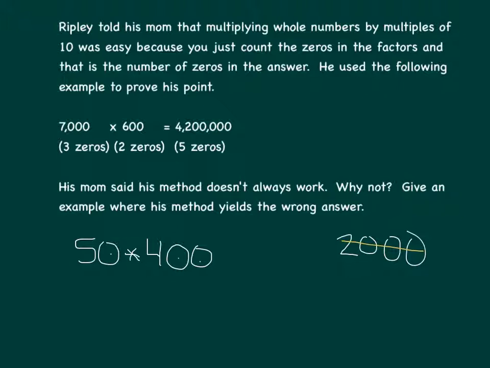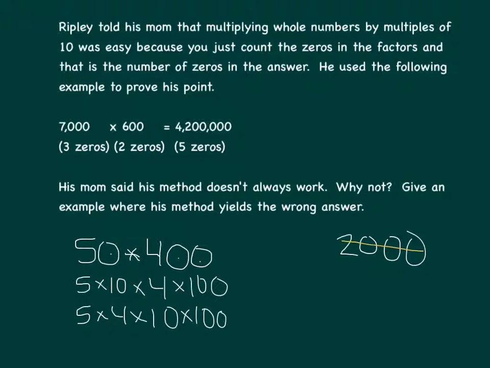The reason why is because if Ripley had been in our lecture, he would have known that he could redo this as 5 times 10 times 4 times 100, and use the commutative property to regroup and get 5 times 4 times 10 times 100, and 5 times 4 is 20, and I can make it 10 times larger by moving things to the left, and then 100 times larger by going 2 more times, and you get an actual answer of 20,000, which has 4 zeros.